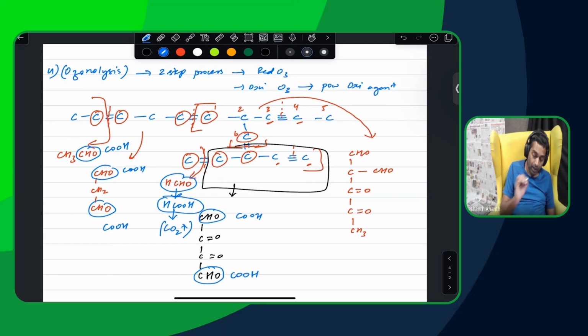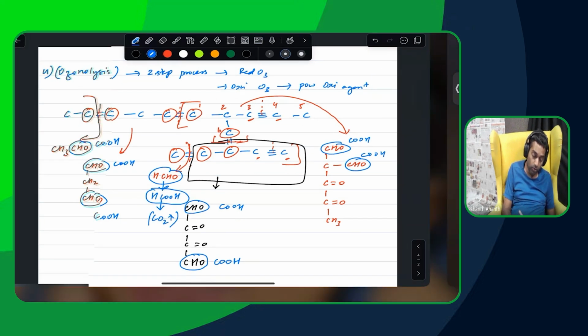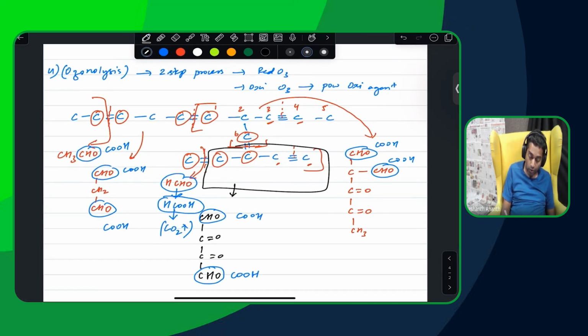Okay. And unfortunately, it doesn't end over there. This compound here will become carboxylic acid. This species will also become carboxylic acid. And the problem is when you have a triple bonded location where you have double bond O, they will also not remain intact, meaning this will also break here and so will this.